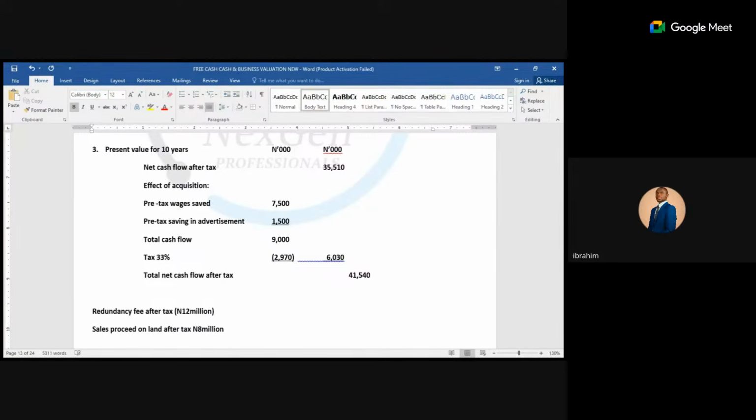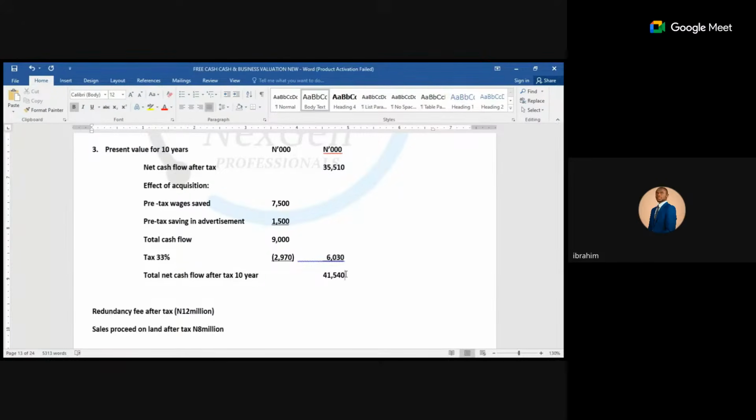Because they will save this, and they will have this. This is what they will have. This net cash flow after tax, we have to do it for 10 years.